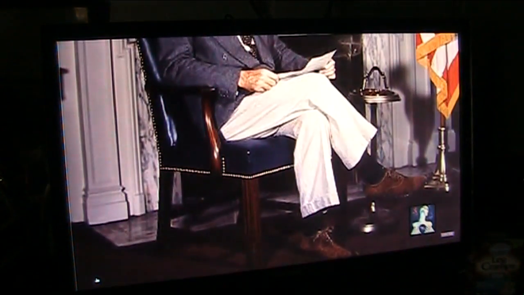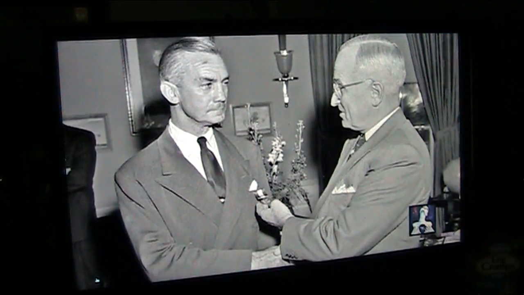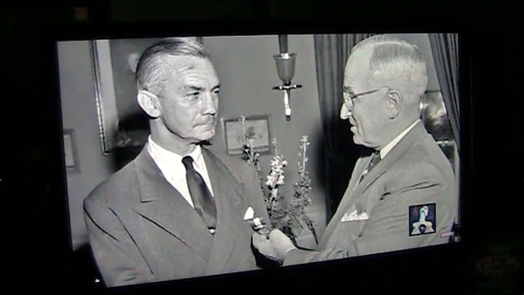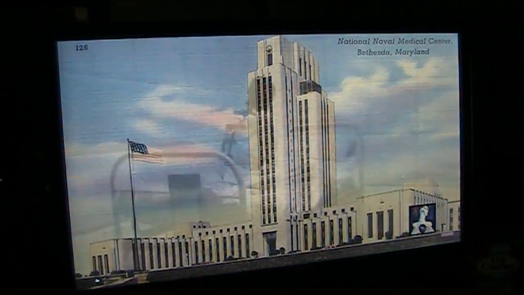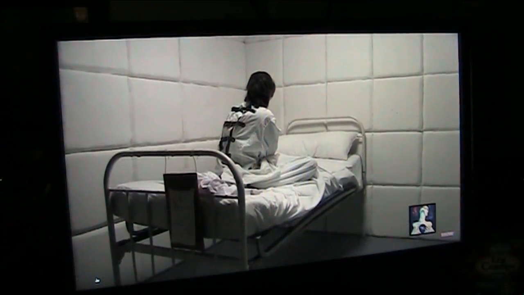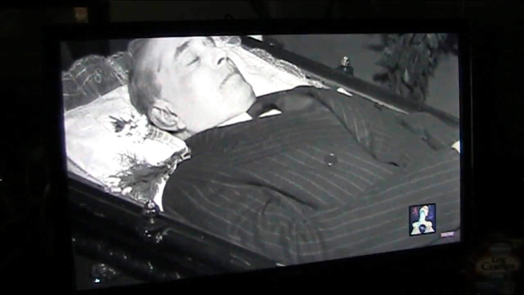The Secretary of the Navy, by this time the Secretary of Defense, James Forrestal, started to talk. President Truman forced him to resign, and he was soon taken to Bethesda Naval Hospital's psychiatric ward, where he was prevented from seeing or talking to anyone, including his own wife. When this high-ranking man was found dead, of course, it was ruled a suicide. Case closed.